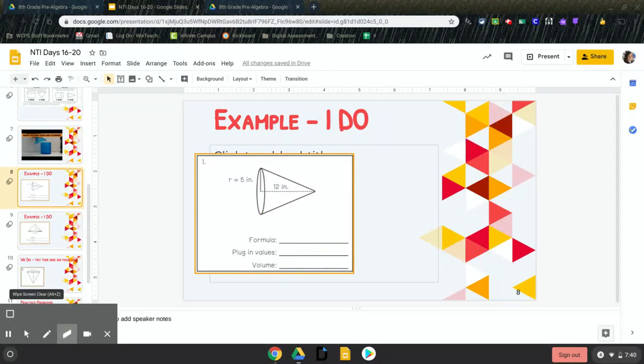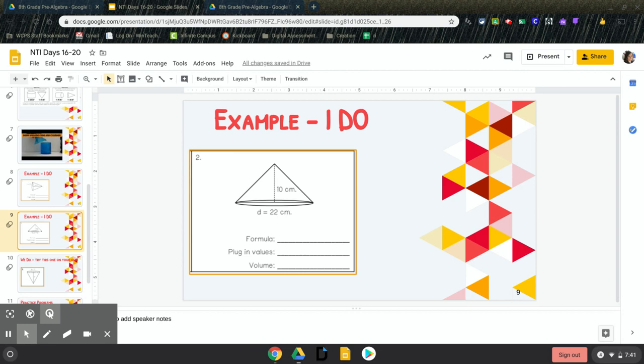All right, let's take a look at a second example. We'll do green. Okay, so our formula is volume equals the area of the base times the height divided by 3. And you have to make sure that you divide that entire numerator by 3.